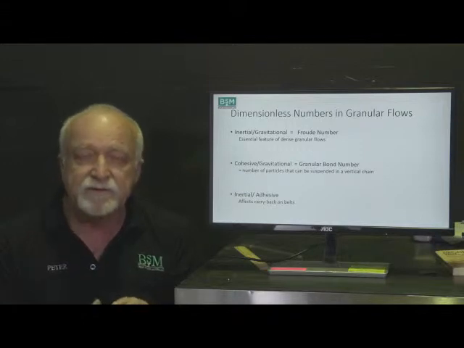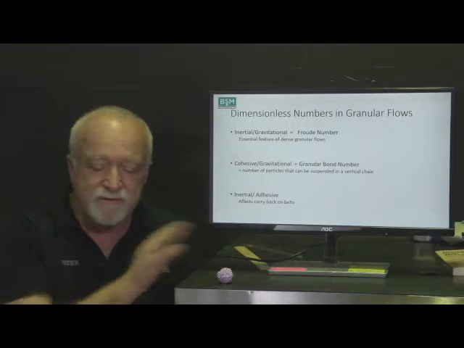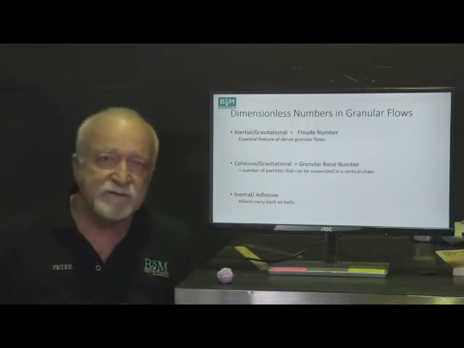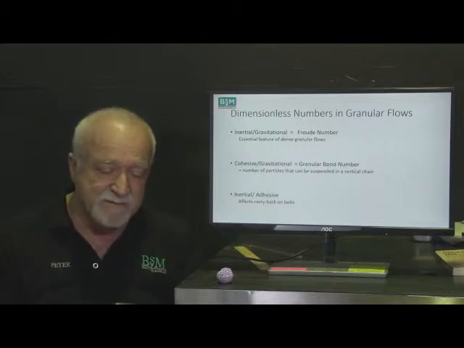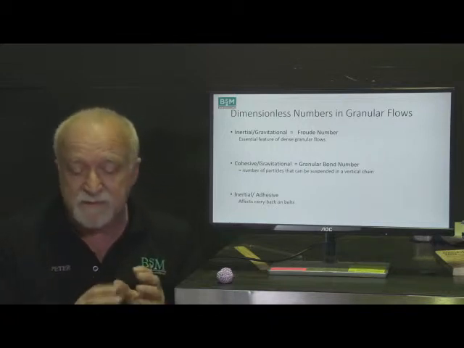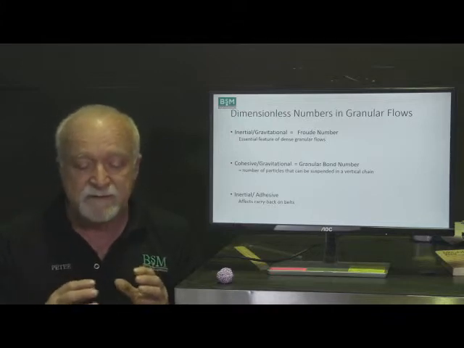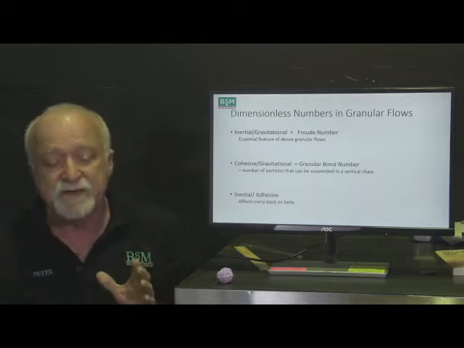The only thing we can really do is we know that at certain bond numbers certain things start to happen. As we increase the bond number we start to get the material in an iron ore situation lumping together. And the higher the granular bond number goes, the bigger the clusters of particles become.